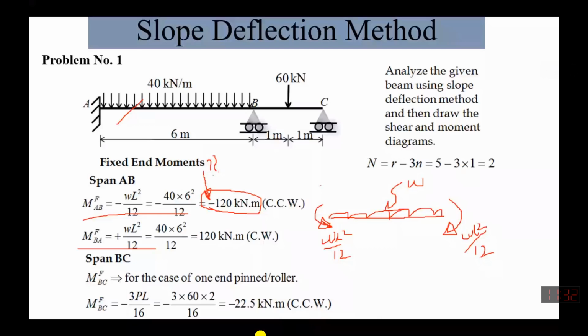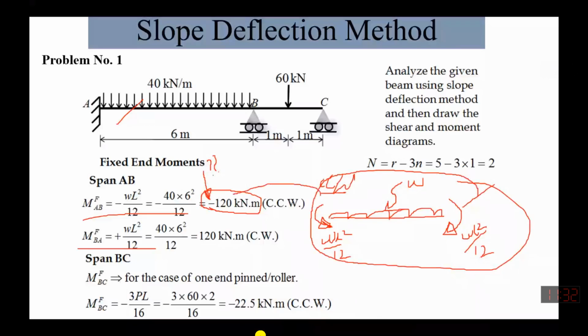But due to this standard formula giving us these two moments, one moment is clockwise, the other one is counterclockwise. So this one is counterclockwise, that's why we put it with a negative sign. Is it clear to you or not now? Yes, sir. Did you understand why it is negative? Because in the formula we have counterclockwise, and our sign convention is that clockwise moment is positive, so that is why it is negative.